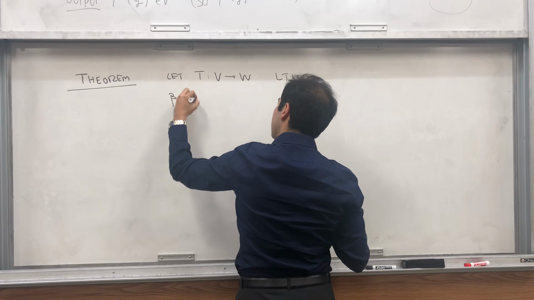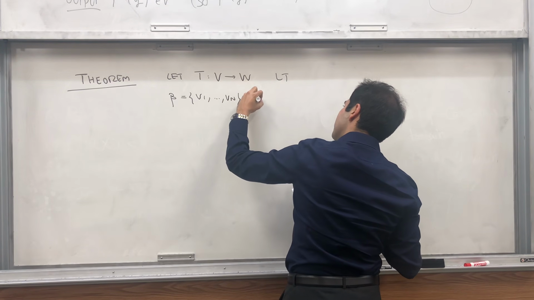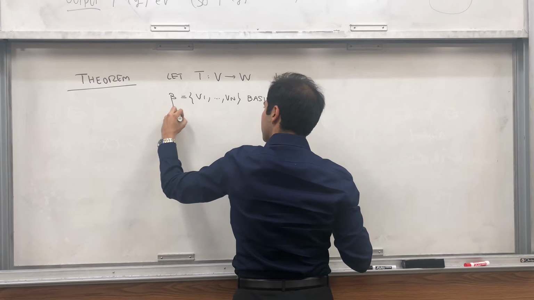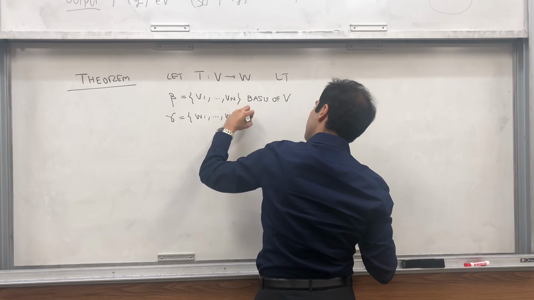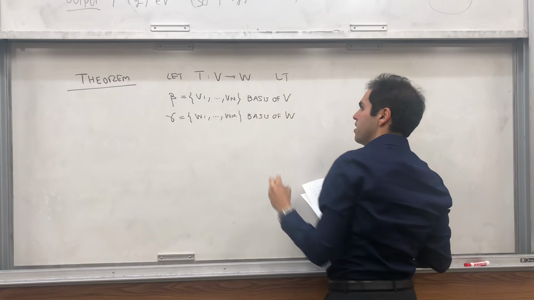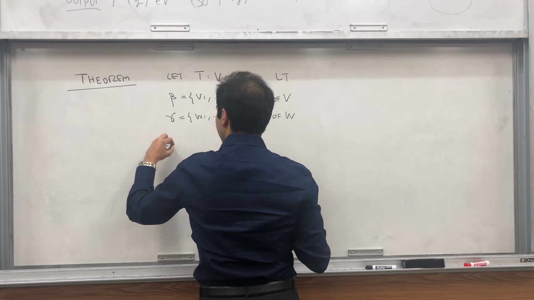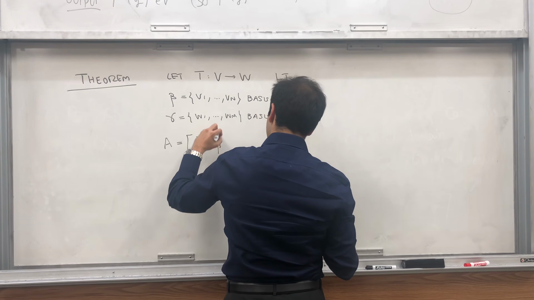So let beta, V1 up to Vn, be a basis of V, and gamma, which is W1 up to Wm, be a basis of W. Using that, we can define the matrix of T. So let A be the matrix of T, and it goes from beta to gamma.